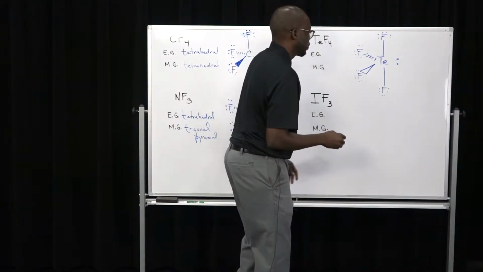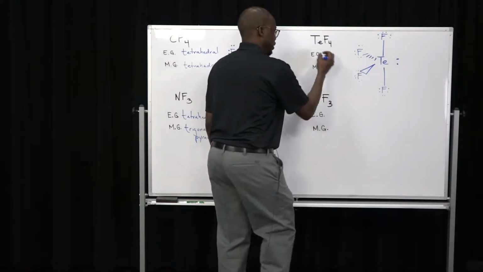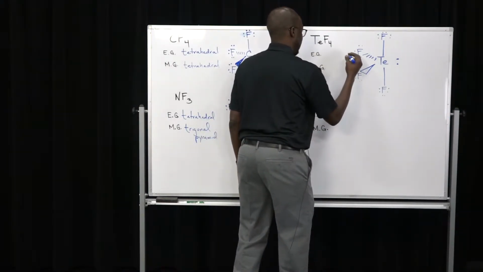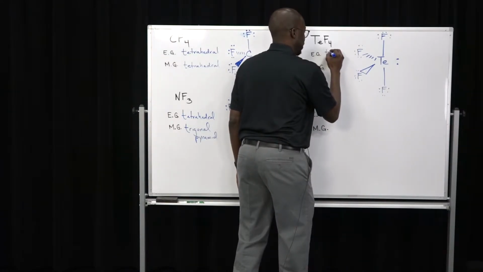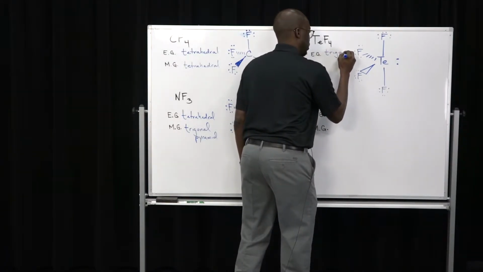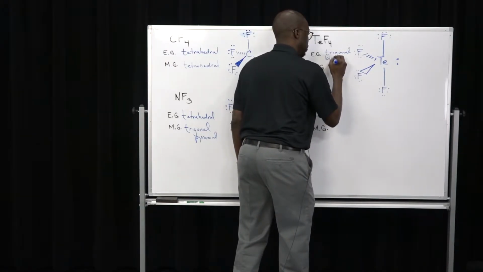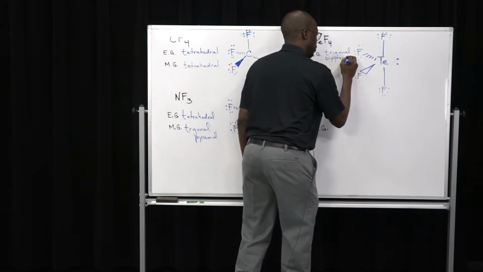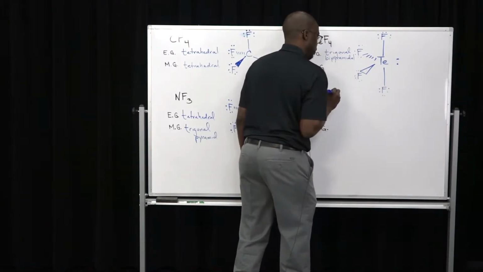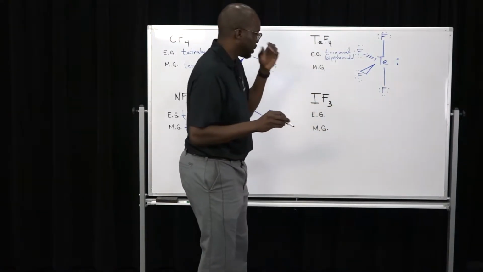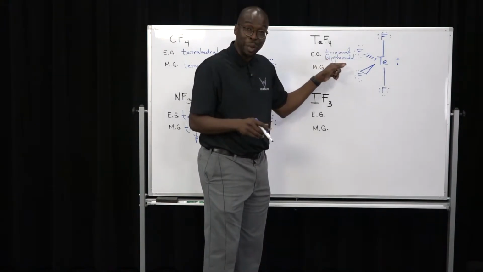Okay? So here, the electronic geometry is trigonal bipyramidal. The molecular geometry is not trigonal bipyramidal.